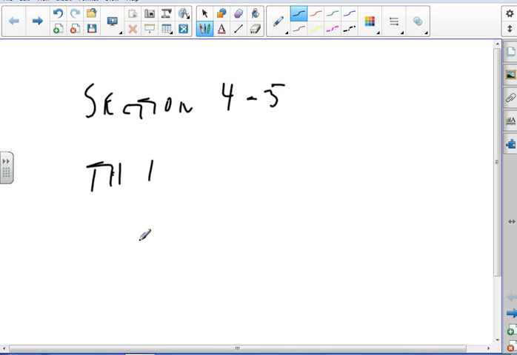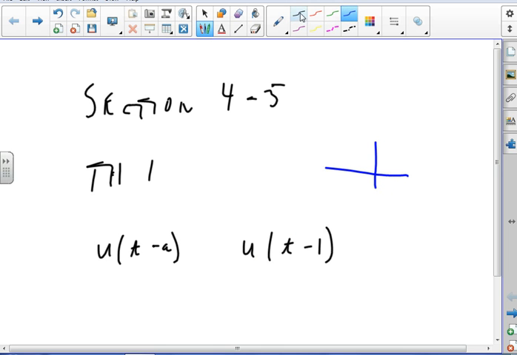First of all, we have to discuss what the unit step function is. So u of t minus a. Let's say I have u of t minus 1. What is that? It's 0 until I get to 1, and then goes up to 1 because it's a unit step function, and stays at 1 forever.